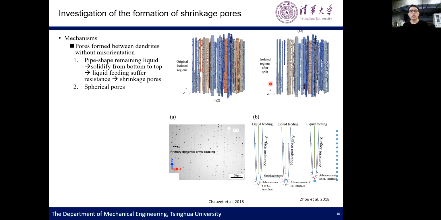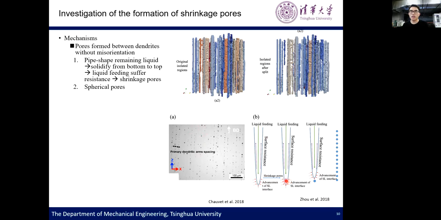So we think the shrinkage cage pores in the interdendritic regions without misorientation follow the mechanism shown in this figure. First, we have a pipe-shaped isolated region, and it solidifies from the bottom to the top. This is caused by the temperature gradient.